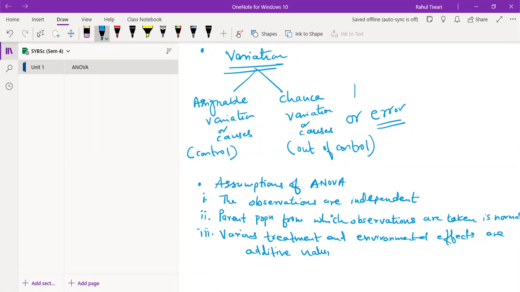What is the meaning of the third assumption? The treatment effects, the various treatment effects, should be additive in nature.